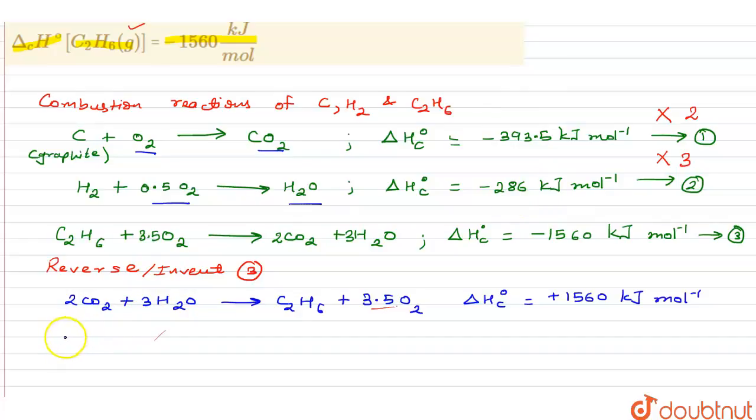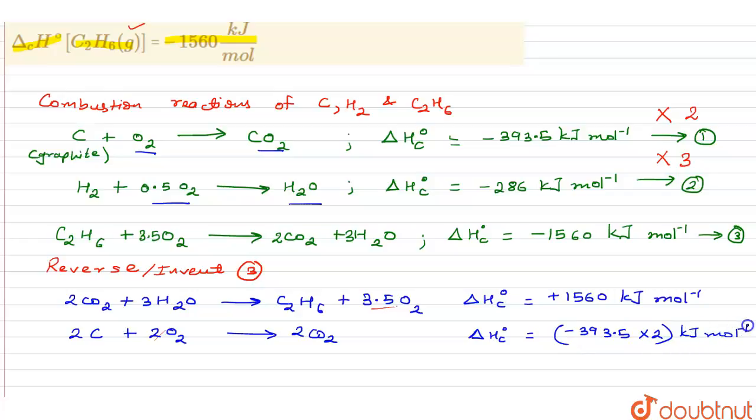So the first equation gets renovated, and we get 2C plus 2O2 giving us 2CO2, and the ΔHc value becomes minus 393.5 into 2 kilojoules per mole.